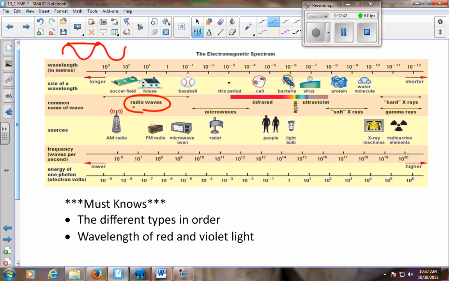If the wavelength gets a little bit shorter, smaller than a baseball, about the size of a period, we call it microwave radiation or microwave EMR.